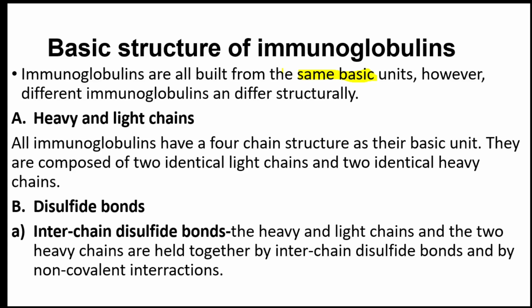So here we've talked of the 4 chains, and we've seen that these chains are held together. They're not just in space, they are held together by disulfide bonds, and specifically the interchain. It's between the chains.